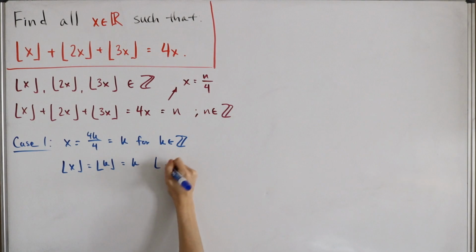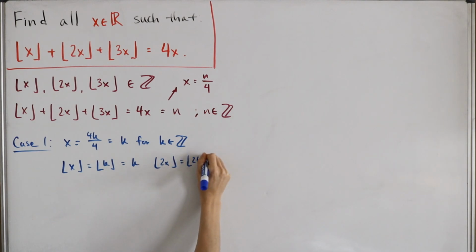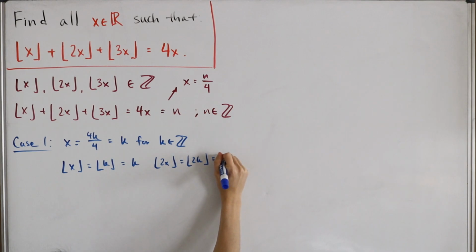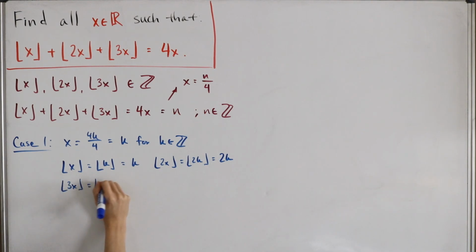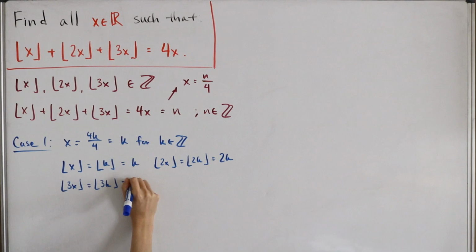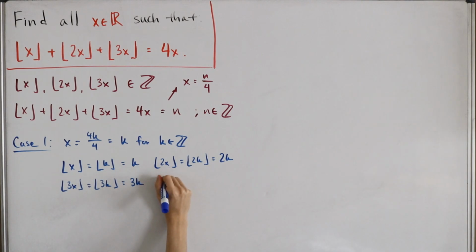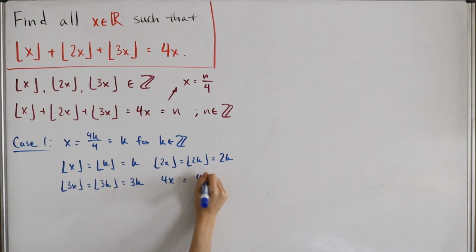Then the floor of 2x equals the floor of 2k, which equals 2k. Next, the floor of 3x equals the floor of 3k, which equals 3k. And lastly, 4x is just going to equal 4k.